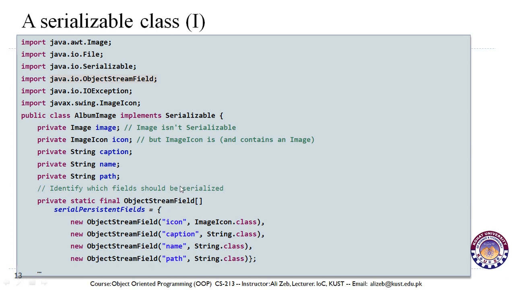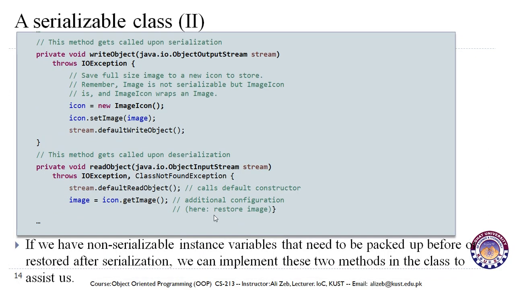We have this final static array, and we store all of the variables that we want to serialize in this array. If we have non-serializable instance variables that need to be packed up before or restored after serialization, we can implement two methods in the class to assist us.